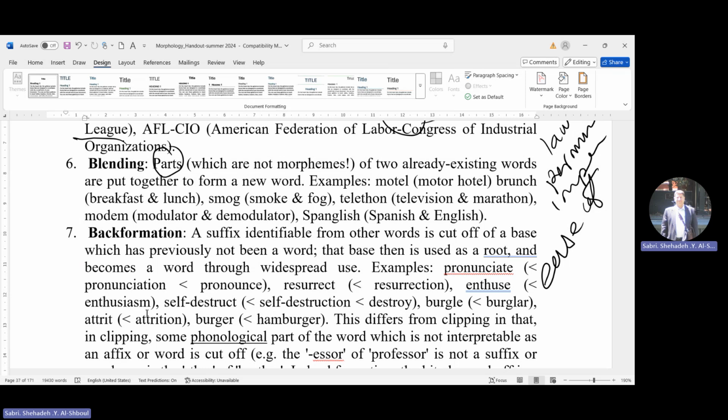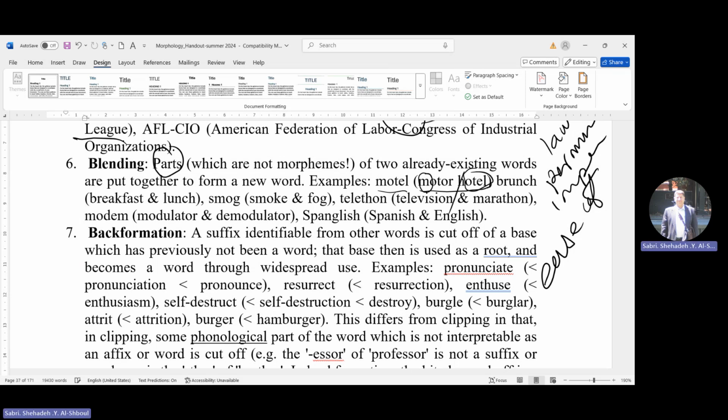For example, we have hotel, right? So we have motel. Maybe it is M with hotel.